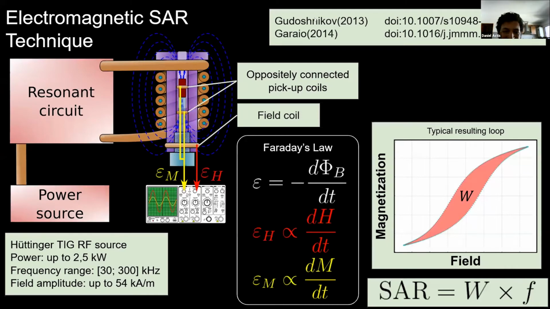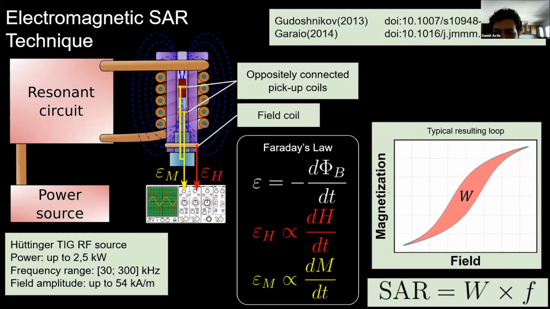From the electromagnetic technique, the formula is really just this one. We are measuring the electromagnetic work done on the sample for every loop, and then we multiply it by the frequency of the field. This is all the power, or the specific power, that is entering the sample, which will be released as heat.